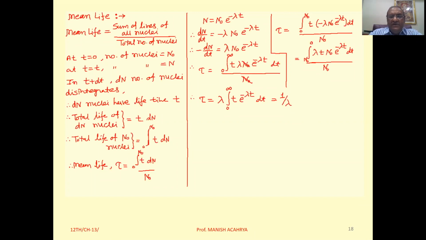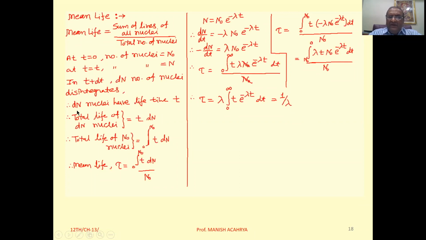Now, suppose at time t equal to 0, the number of nuclei is n0, and at time t equal to t, the number of nuclei is n. Now, in time t plus dt, suppose dn number of nuclei disintegrates. In short, we can say in time dt, dn number of nuclei disintegrates.